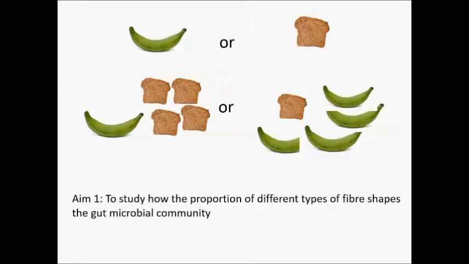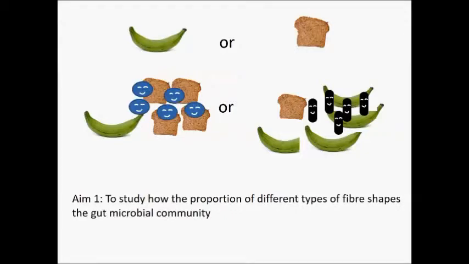So our first aim is to study how the proportion of different types of fiber shapes the gut microbial community. And we hypothesize increasing one type of fiber will promote the growth of the bacteria utilizing this fiber as their food source. Does it mean you only eat fiber and nothing else?